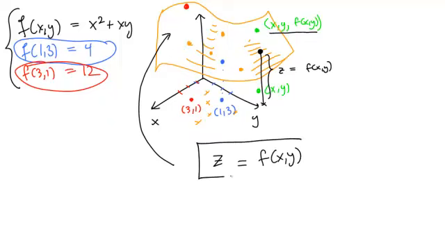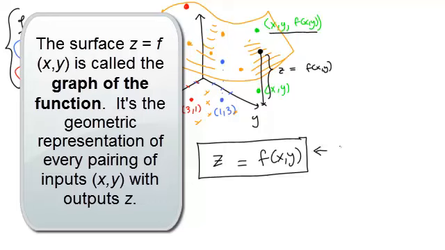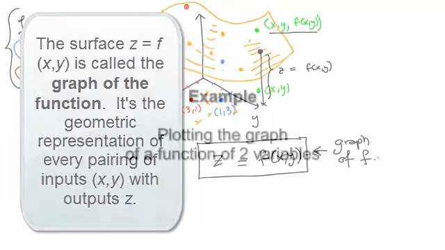And so this equation right here describes the surface that passes through all of the points associated with the function. And so we call this object the graph of f. It's sort of the three-dimensional analog of how we graph a function of one variable by associating x values as inputs and y values as outputs and sort of smoothly connecting them together.